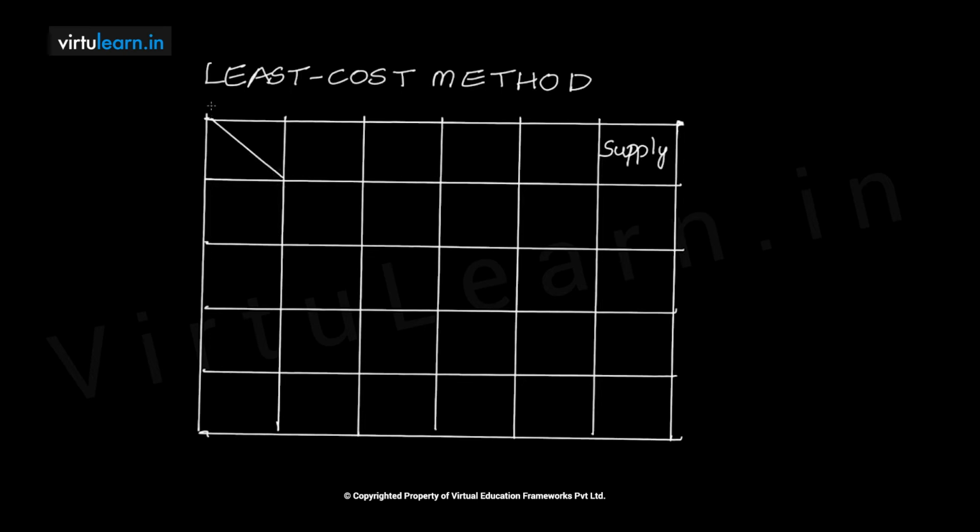Now the same table we are writing. For the northwest corner method we had a total cost of 1080. Now we'll see whether there is any variation if we use this least cost method.